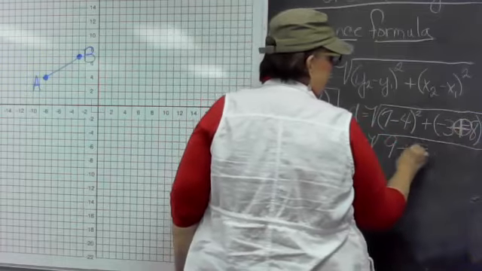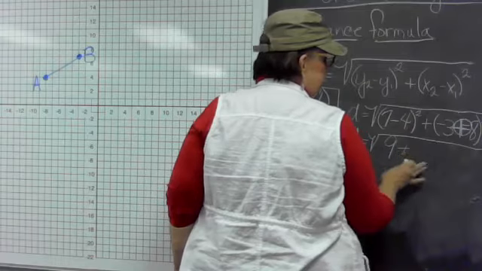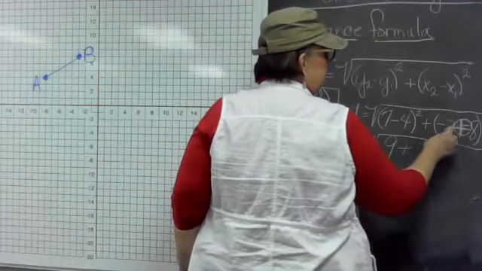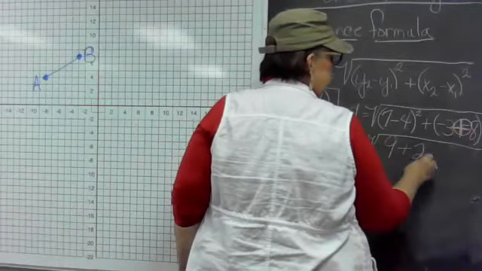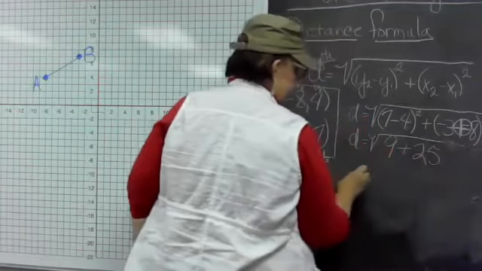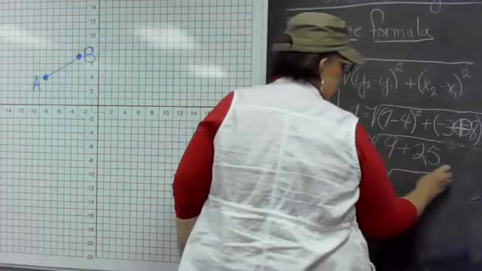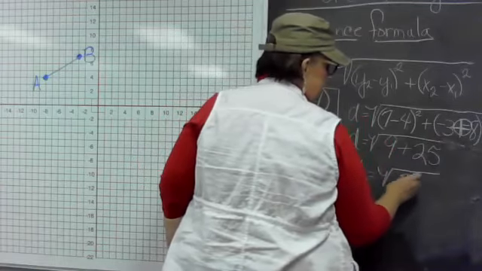So I'm going to have 5. 5 squared, sorry, inside the parentheses, 5 squared is 25. So doing our steps, I add these together and get the square root of 34.